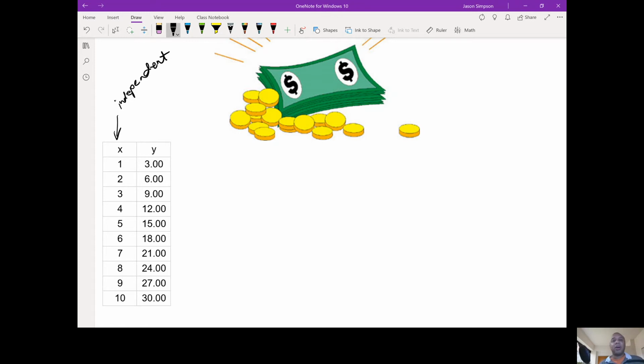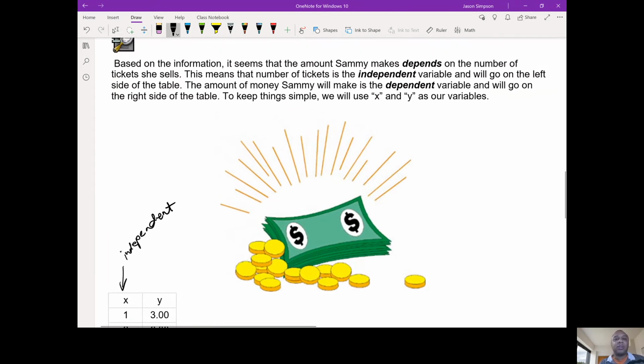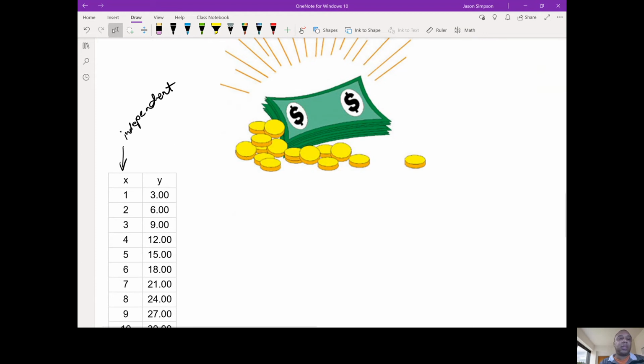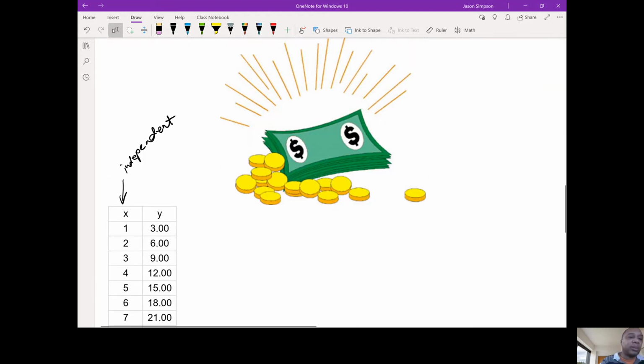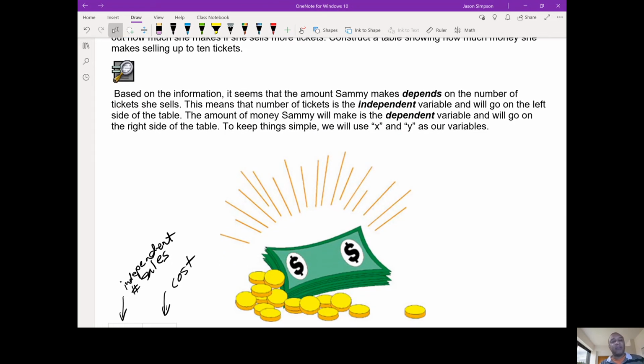And remember, our independent variable was the number of sales, and then this represents the cost. So remember, she's selling raffle tickets.